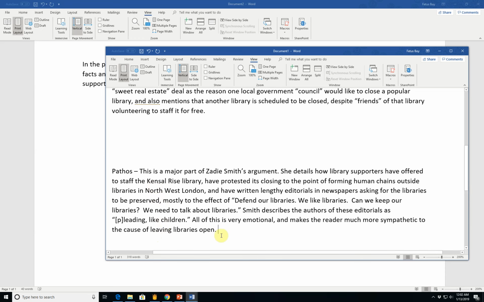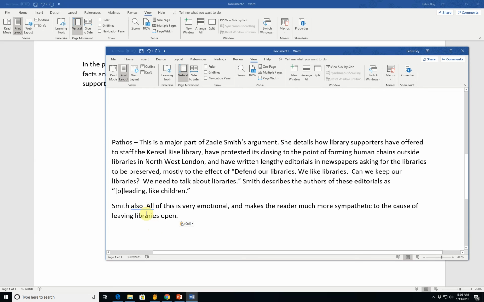Now, another part of this is, let's put this at the end here. You can do all this on your scrap paper. I'm doing this on this thing.